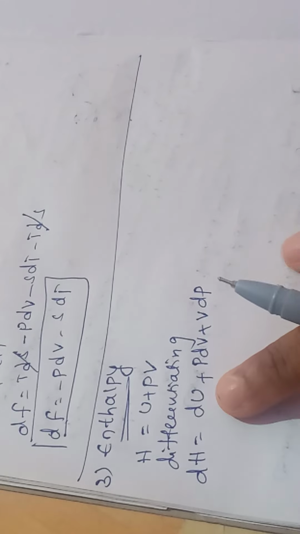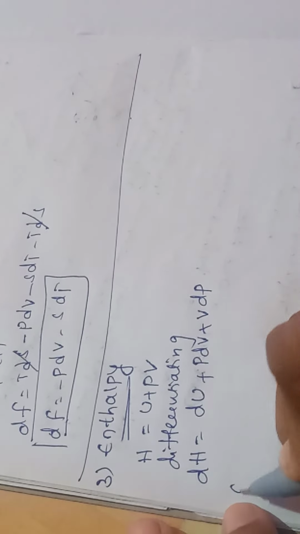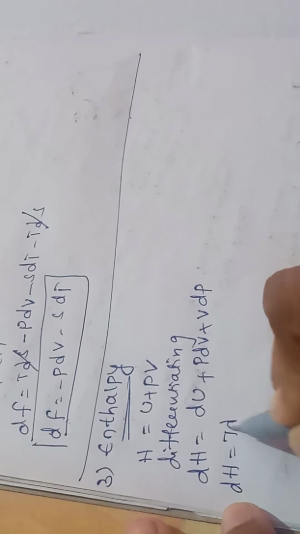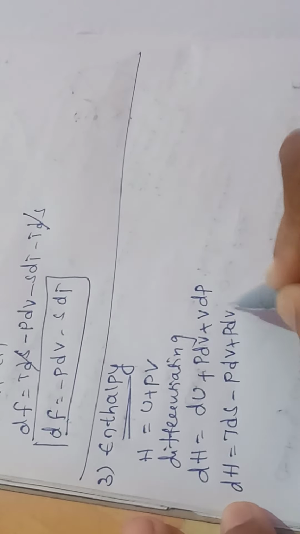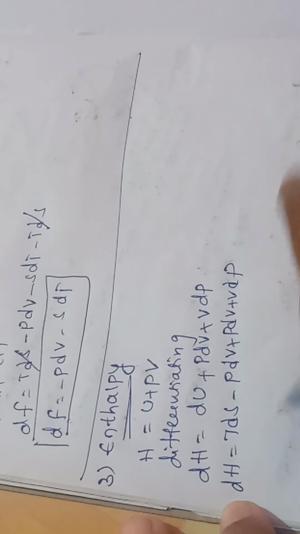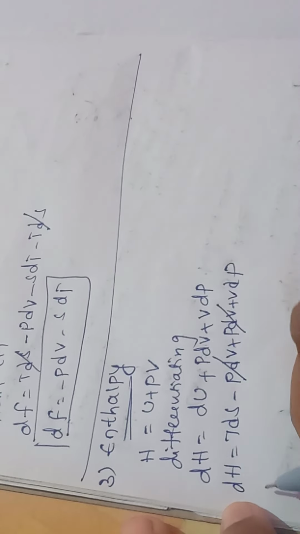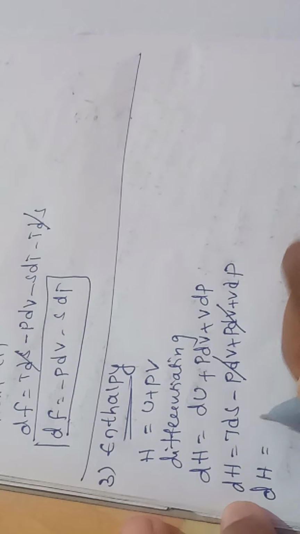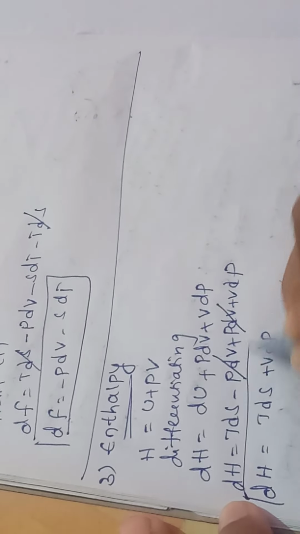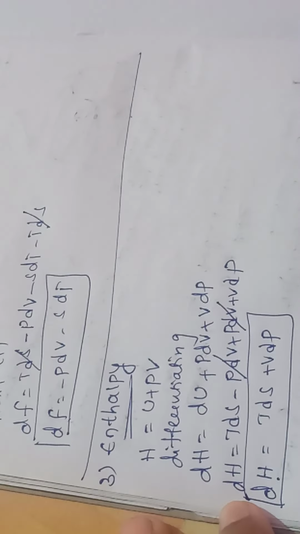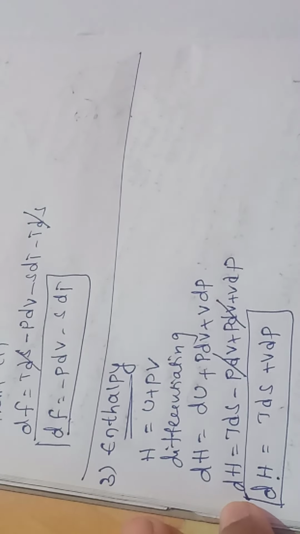Now let us substitute the value of dU, TdS minus PdV plus PdV plus VdP. So PdV minus PdV strikes off, dH is equal to TdS plus VdP. This is the third thermodynamic potential.